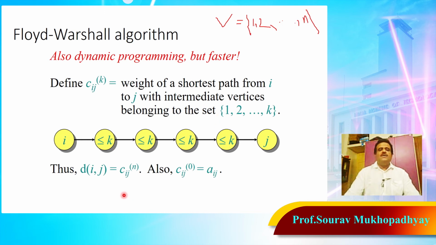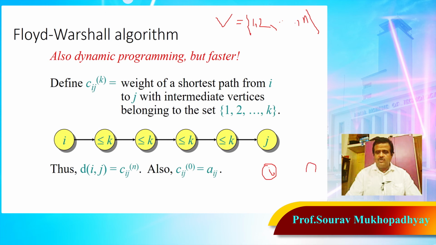Okay. Now, what is C_ij^0 then? There is no vertex numbered 0, because vertex numbers start from 1. So, C_ij^0 means a direct edge from i to j.